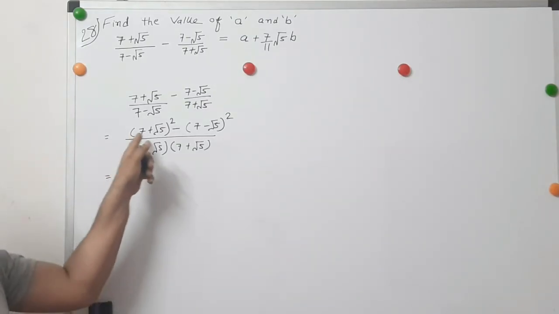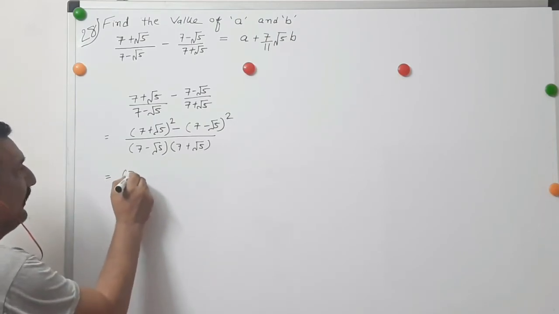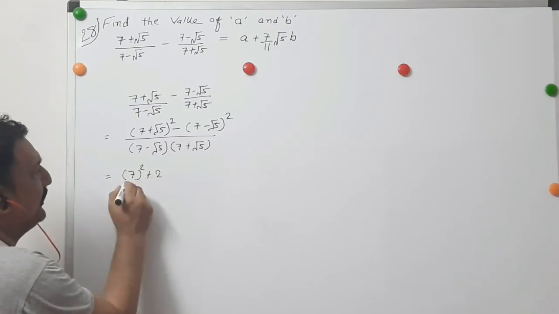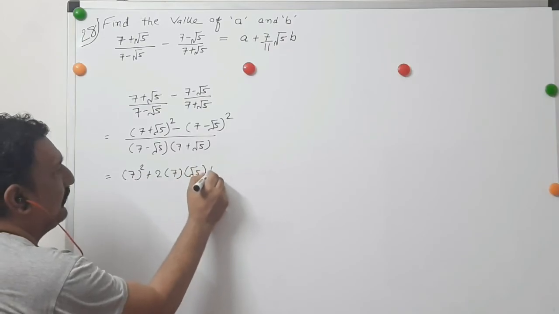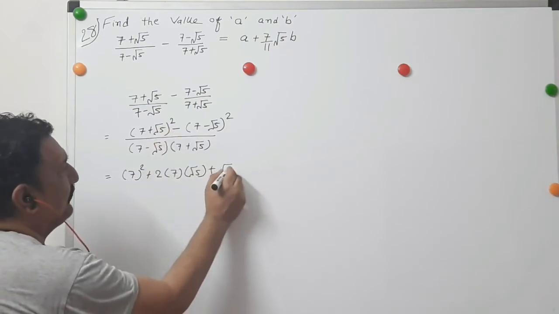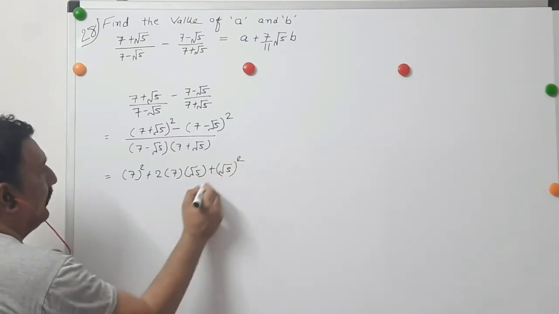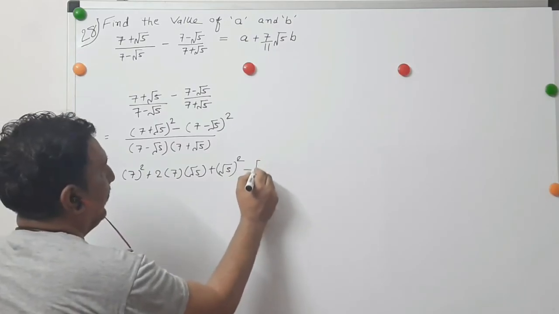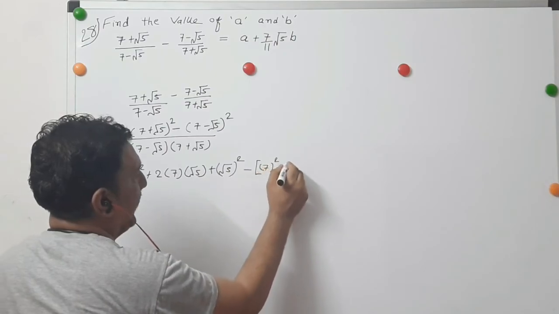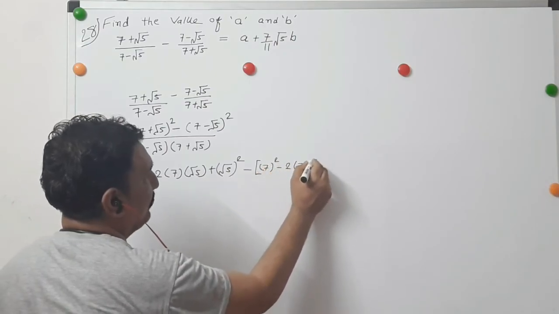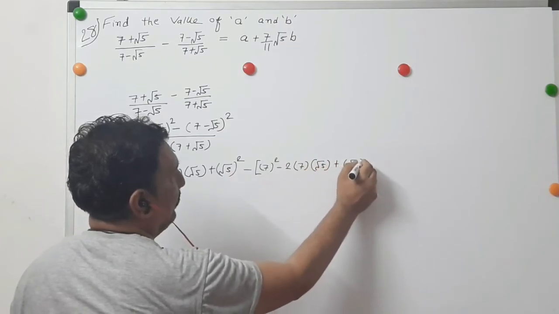First of all, we simplify (7 plus root 5) whole square. So that is 7 square plus 2 into first into second, 2 into 7 into root 5, plus square of the second, that is root 5 whole square, minus, keep one bracket, square of 7 minus 2 into first into second, 7 into root 5, plus root 5 whole square.